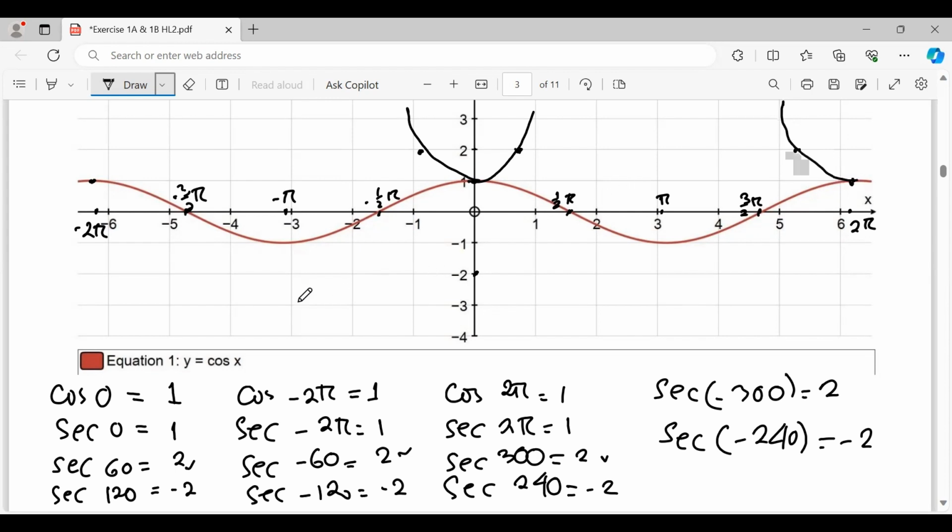And as well secant, now this means this is like this because the maximum is negative for secant.